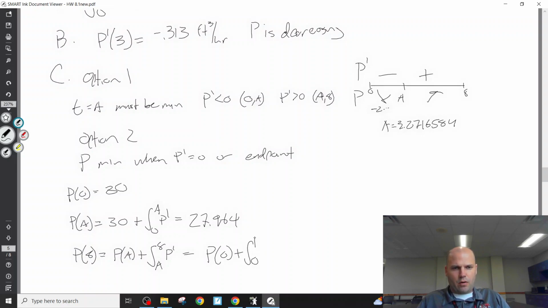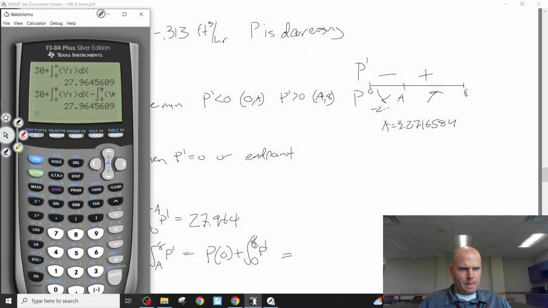I already have 0 in. Why don't I just type that in? I'll show you both ways. Hopefully I'll get it right the first time. So here's P of A plus the integral from A to 8 of y3 dx.